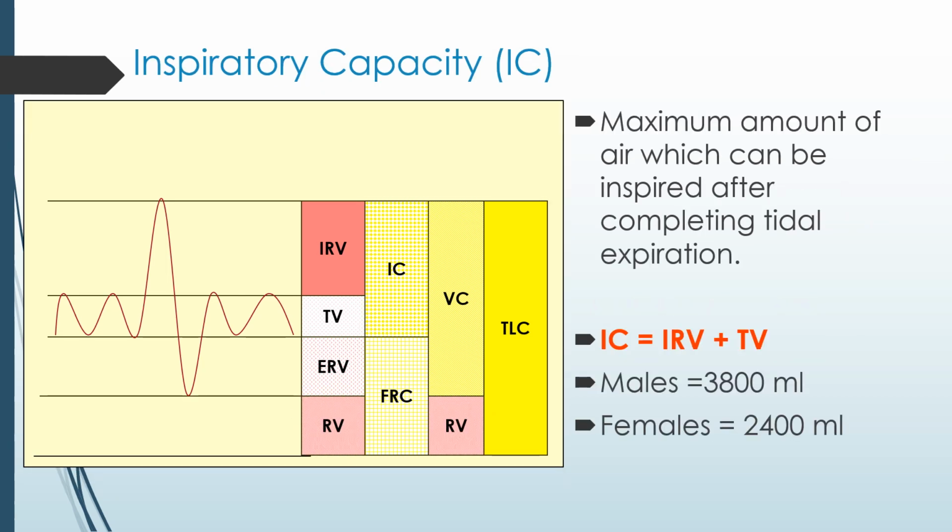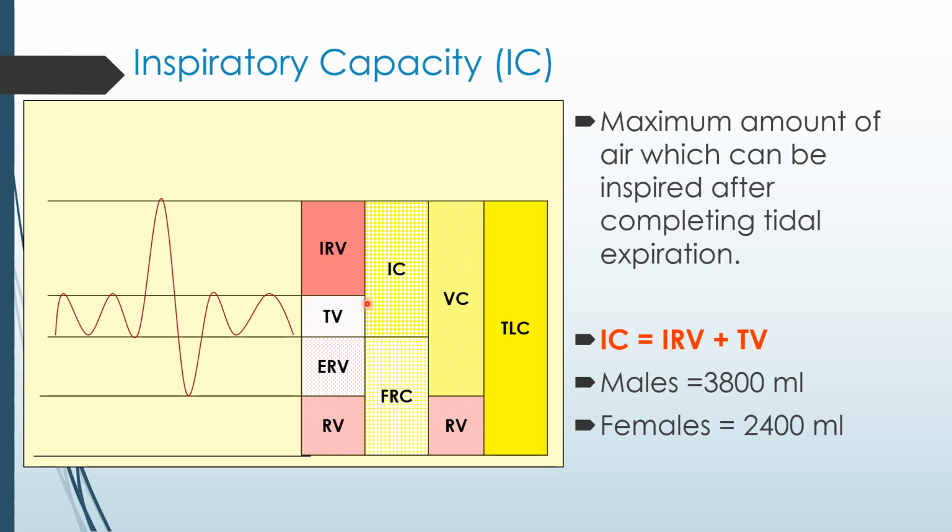Inspiratory capacity is the maximum amount of air which can be inspired after completing the tidal expiration. So inspiratory capacity is inspiratory reserve volume plus tidal volume. It differs in males and females.